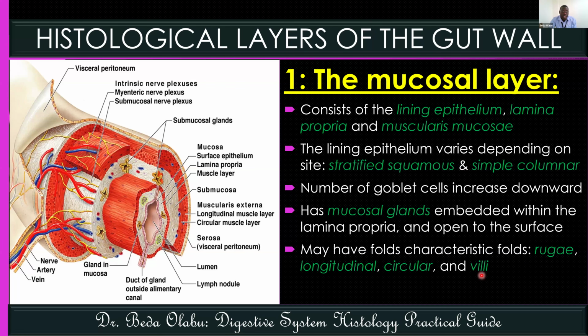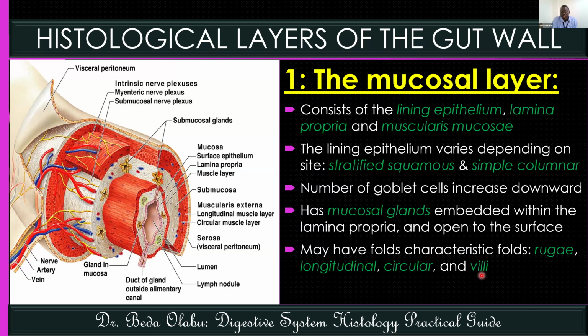Villi are important characteristic folds of the small intestines. They are finger-like projections that increase the surface area for absorption. Whenever you see villi in the GIT, you know that you are in the small intestine.